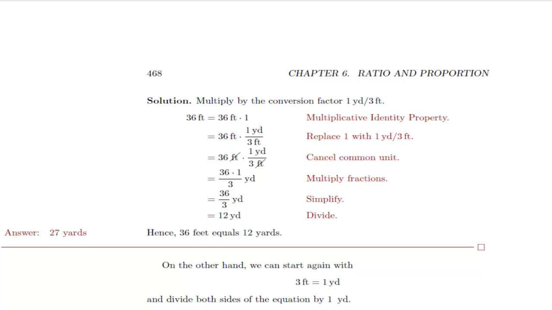And if we think of 36 as 36 over 1, then we're just multiplying two fractions. We have in the numerator 36 times 1, and the denominator 1 times 3, which is 3. So, we have 36 times 1 over 3 yards. 36 times 1 is just 36, and 36 divided by 3 is 12. So we have 36 feet equals 12 yards.